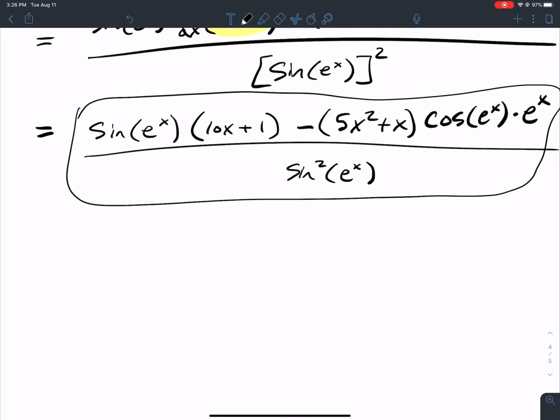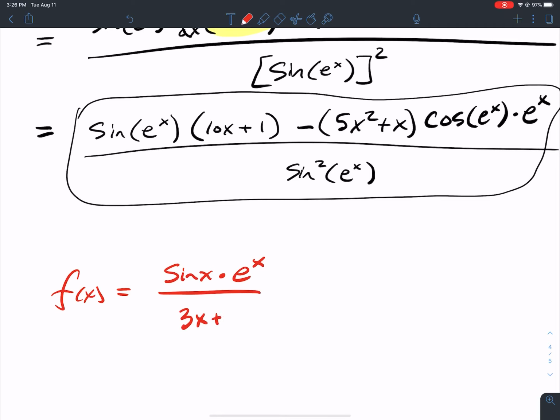I mean, you could have a function where you had a product rule in the numerator, like sine x times e to the x, divided by, I don't know, maybe 3x plus 4 raised to the 5.